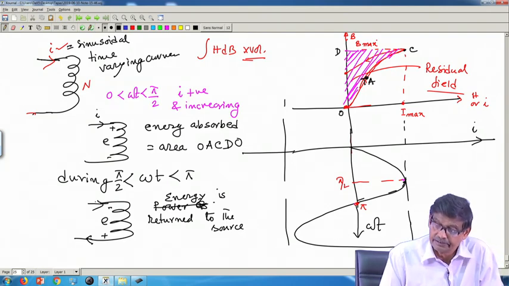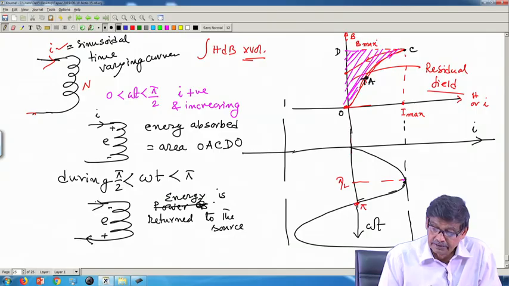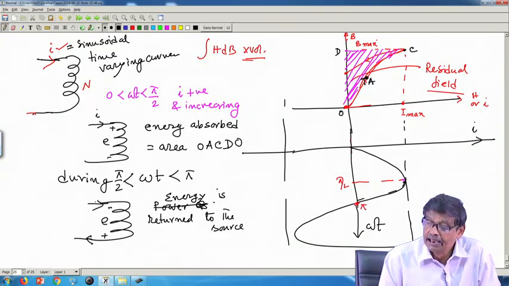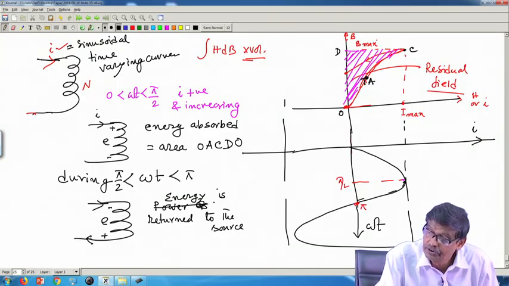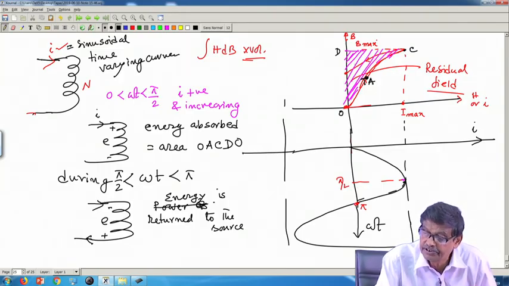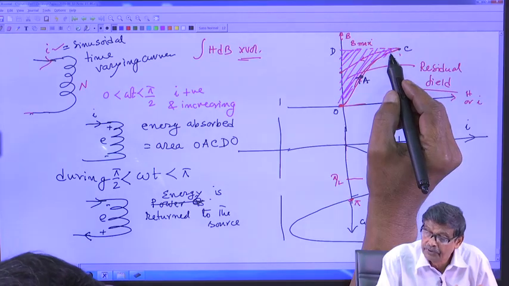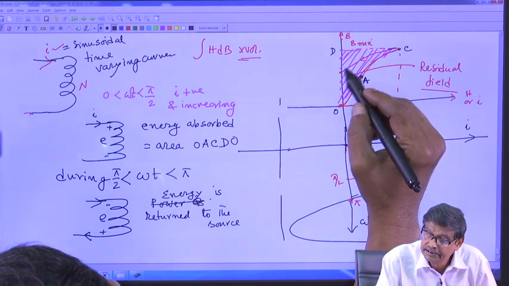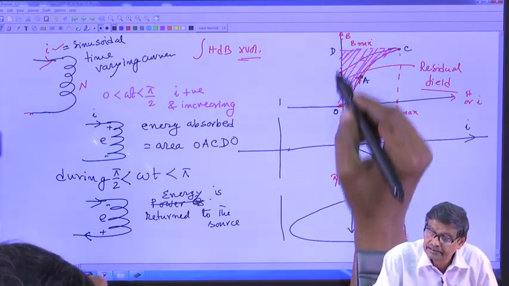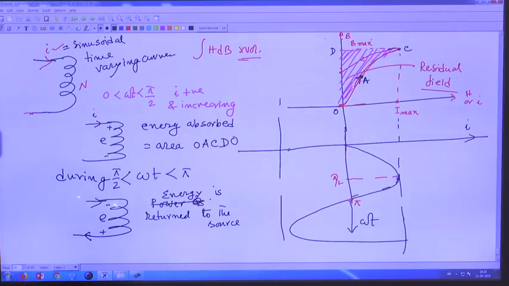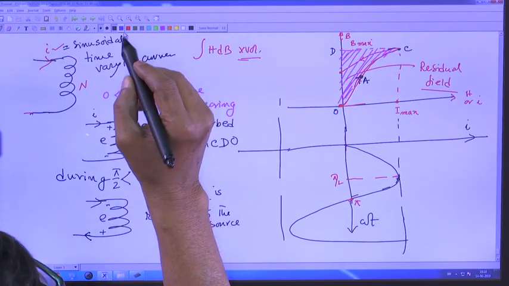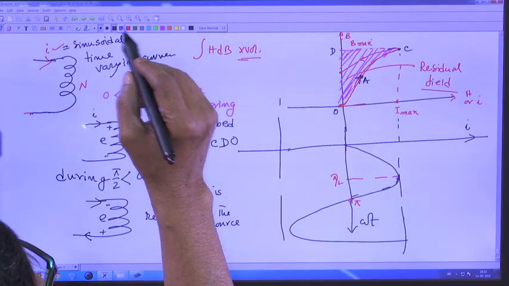Now, the question is which area gives me the energy? Okay, this is now your BH curve. You do not have to take this, because now when you are decreasing current, as I told you, because of hysteresis, the BH curve will be traced by this path. Therefore, area enclosed by this and this y axis gives you the energy returned, and this area is this area.